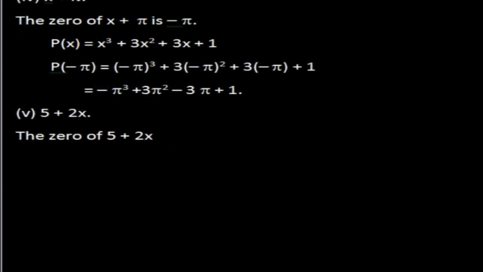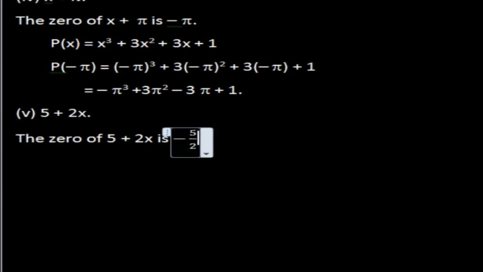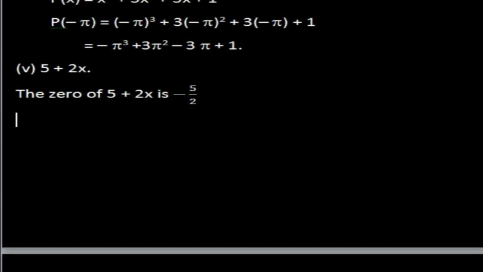It is minus 5 divided by 2. Now this will be substituted in p of x. So here p of x is x cube plus 3x square plus 3x plus 1.